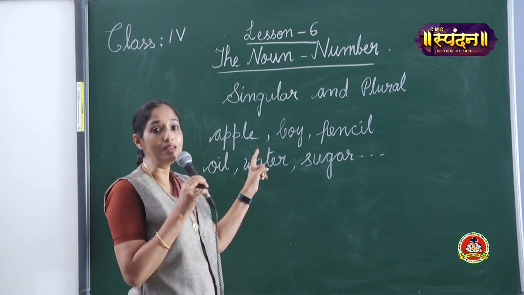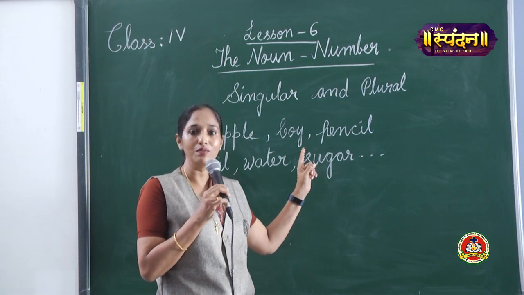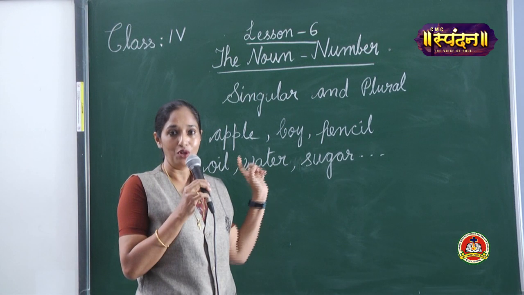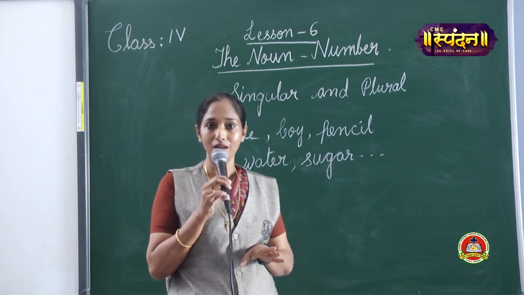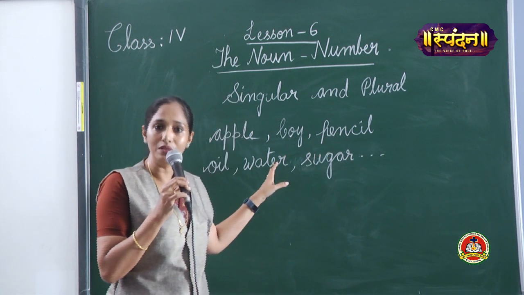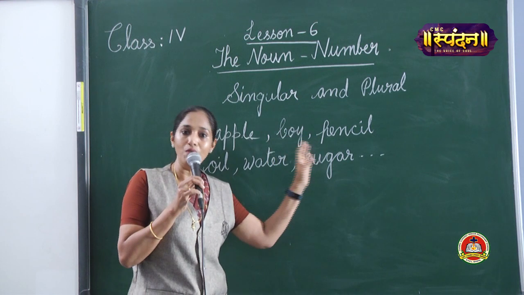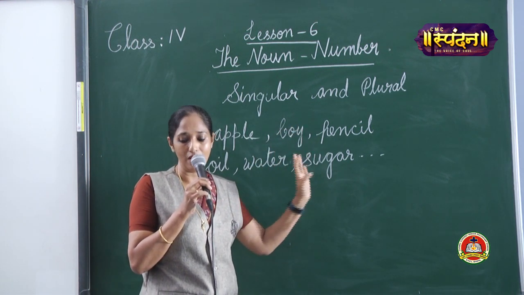So this is the main difference between a countable noun and an uncountable noun. So whenever we talk about singular and plural, we deal with countable nouns. We are going to learn how to form the plurals of different countable nouns.